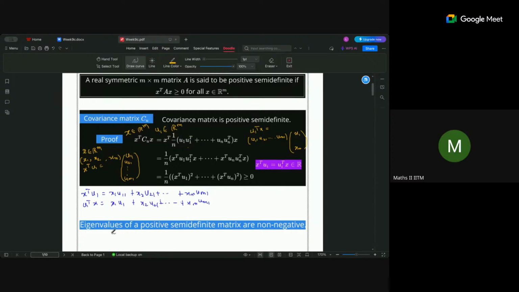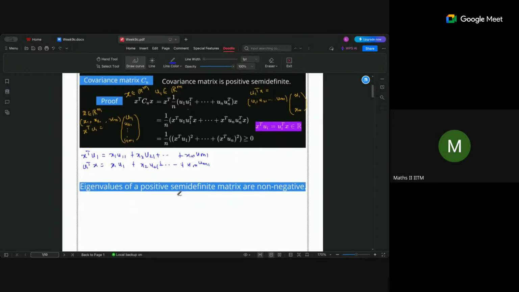Okay, so the important property next we are going to see is that eigenvalues of a positive semi-definite matrix are non-negative. I will write two things which we already know. From that, let me see how many of you are able to give a reason why the eigenvalues are non-negative. So let us consider A, which is an n by n matrix. It is a positive semi-definite matrix we are assuming. It means what? A transpose is equal to A, fine.